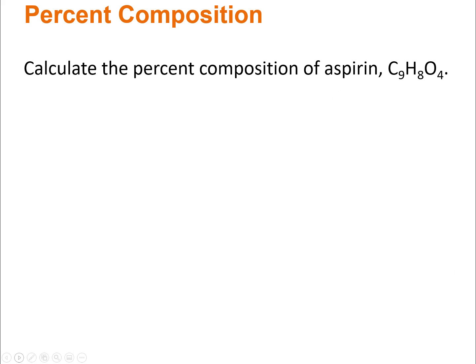I want you guys to do this one. I'll give you 5 minutes, and I'll write up here so that you remember. You want the mass of the element. So, for example, if you're doing carbon, you would want the mass of carbon times 9, right?